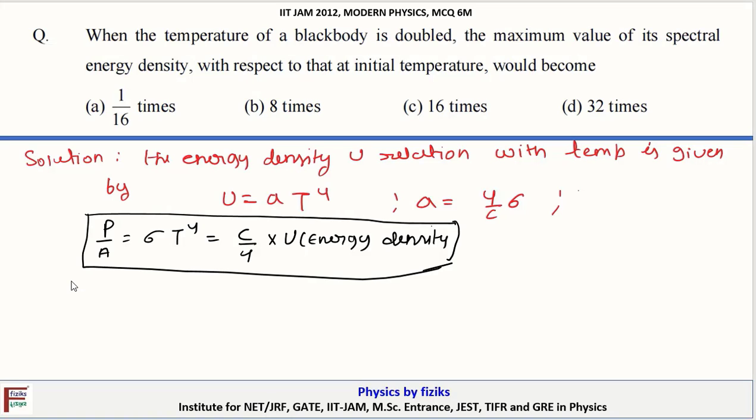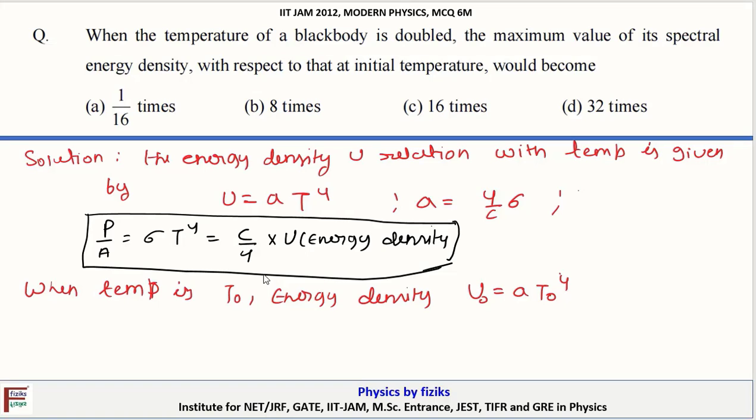Now, when temperature is T naught, energy density is U naught, which would be A T naught to the power 4.